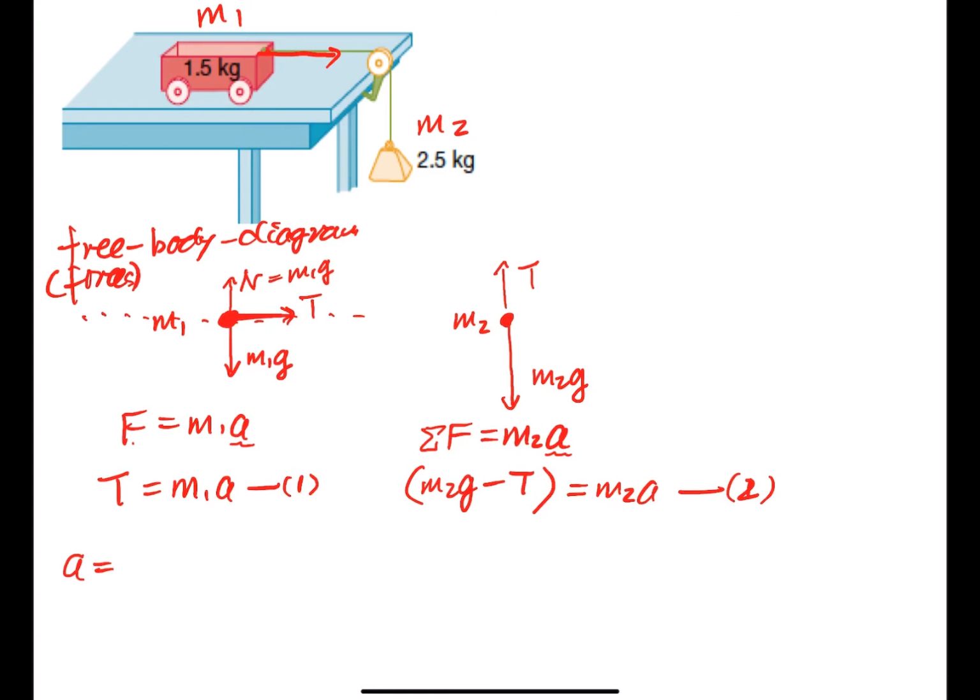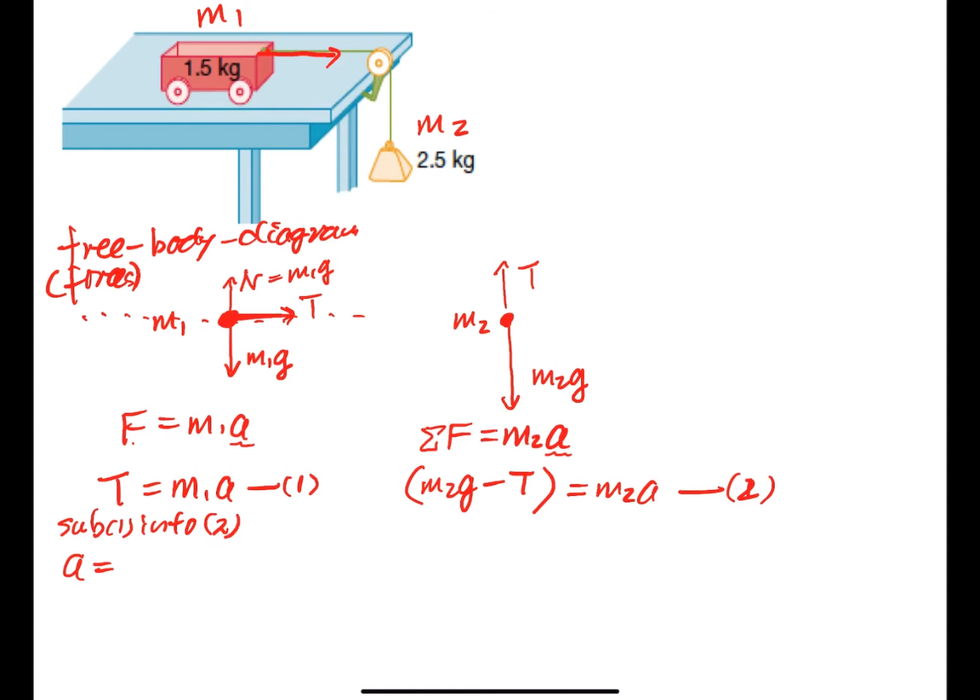Now, may I suggest you substitute 1 into 2. What does it mean to substitute 1 into 2? It means that instead of T, you put m1a, replacing the T. Got it? Come on, do it.